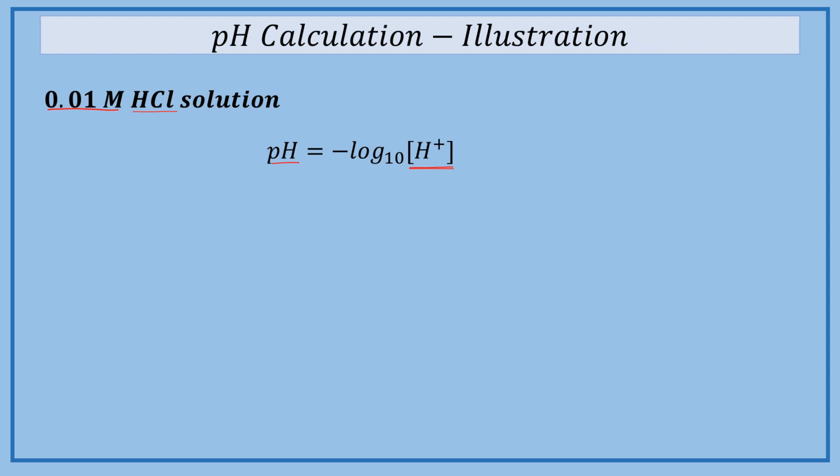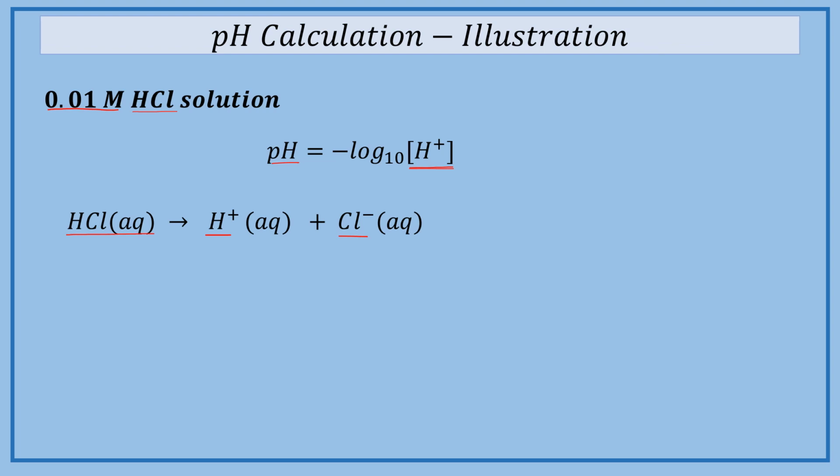The HCl solution furnishes H plus and Cl minus. Now since HCl, hydrochloric acid, is a strong acid, whichever amount of HCl we have taken in the solution, it will dissociate into H plus and Cl minus.